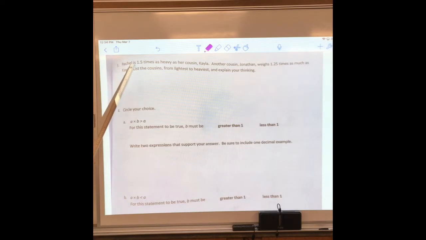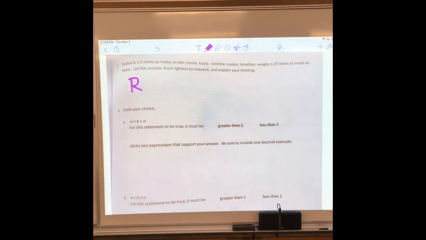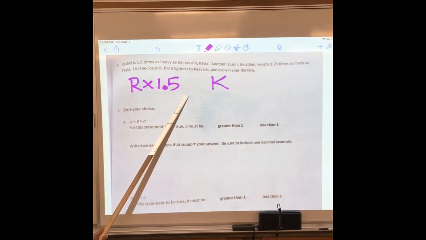Now, if I said Rachel is 1.5 times as heavy as her cousin, Kayla, I could put R equals 1.5 times K. R would be greater than K, right?